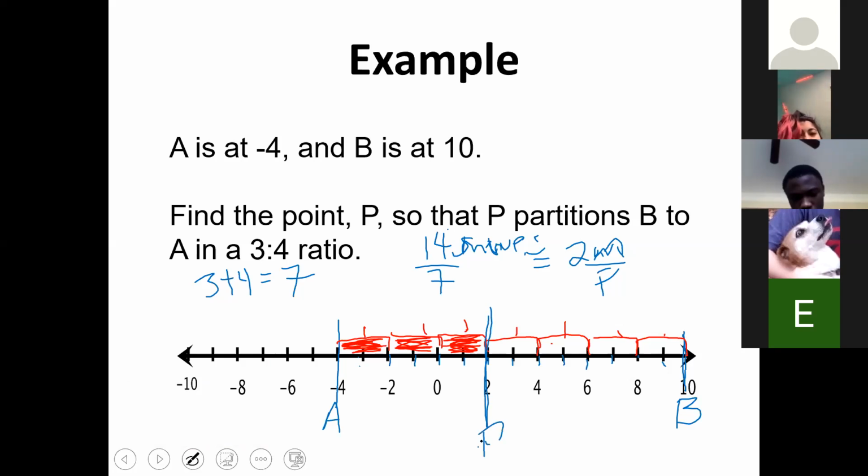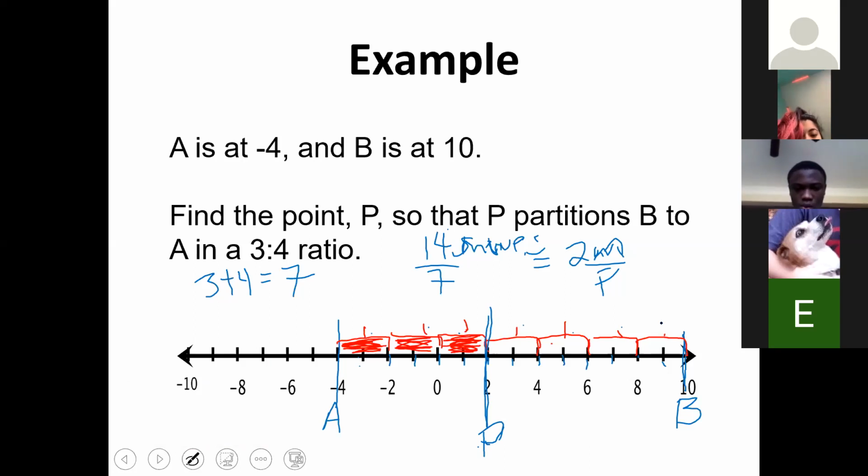There's our point P. There's 3 segments, 1, 2, 3. And then we have 4. 1, 2, 3, 4. So we have divided segment AB into a ratio of 3/4 and put point P at number 2.